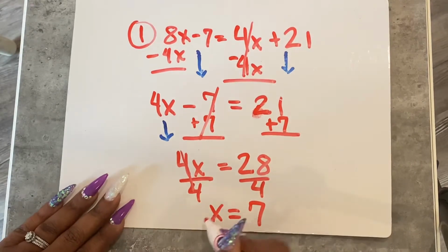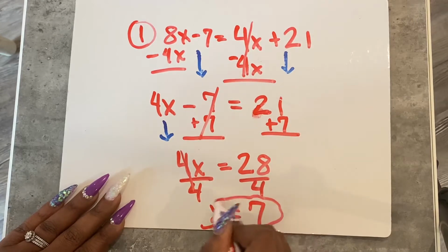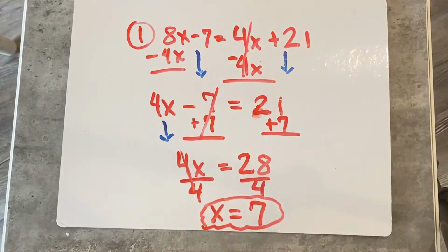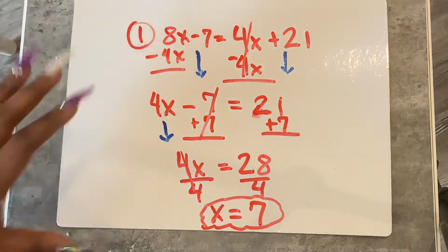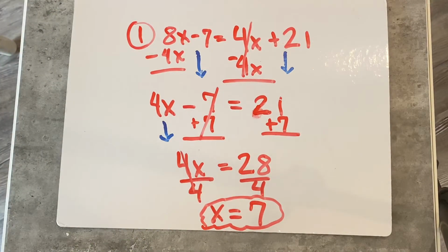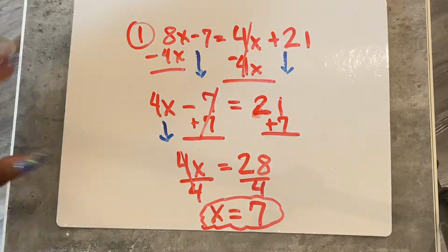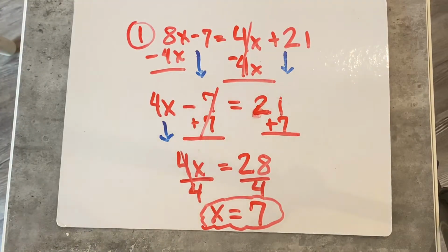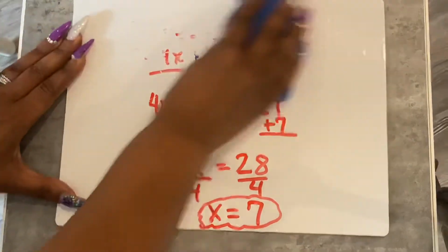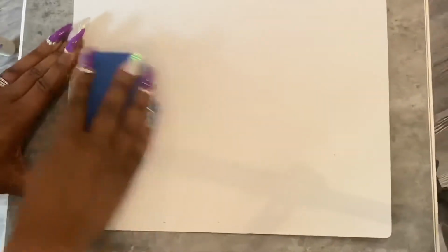Okay? That is how you get to here. When you're dealing with variables on both sides, this is how you have to do it. You're going to take it step by step. So on the next one, I'm going to use different colors, and I'm going to slow down the process so you can see every single step.